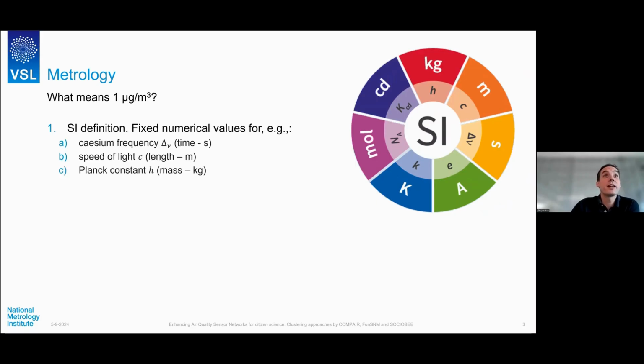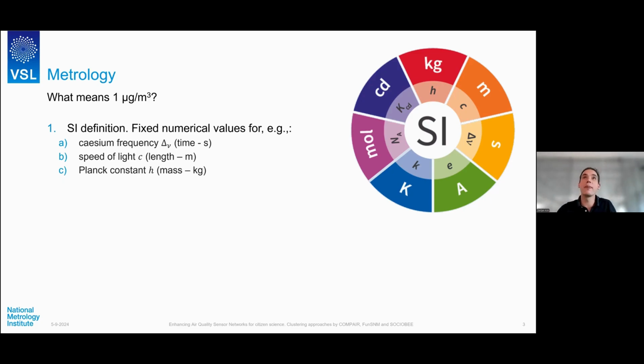It refers back to the SI system of units. So we have the gram, which is a submultiple of the kilogram, and the meter, so it's cubed meter, and they are derived from the SI system of units.